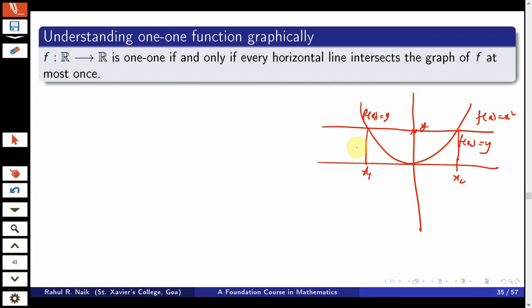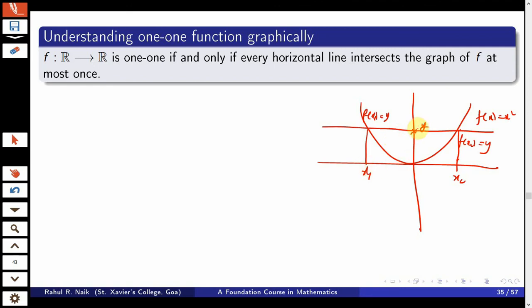So what should be the negation of this? Over here I see that there is a horizontal line passing through the point 0 comma y, parallel to the x-axis.